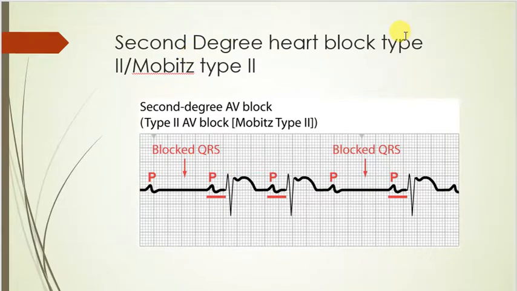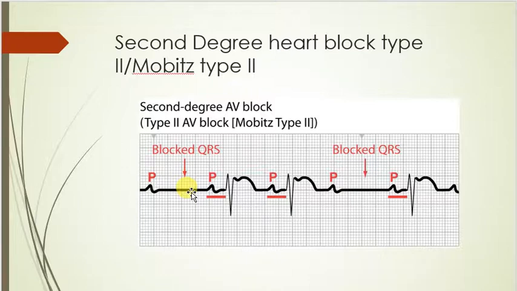Okay, the next second degree heart block is Mobitz type 2. This is also called second degree heart block type 2, or Mobitz type 2, or type 2 AV block. It is a little bit more serious to look at.